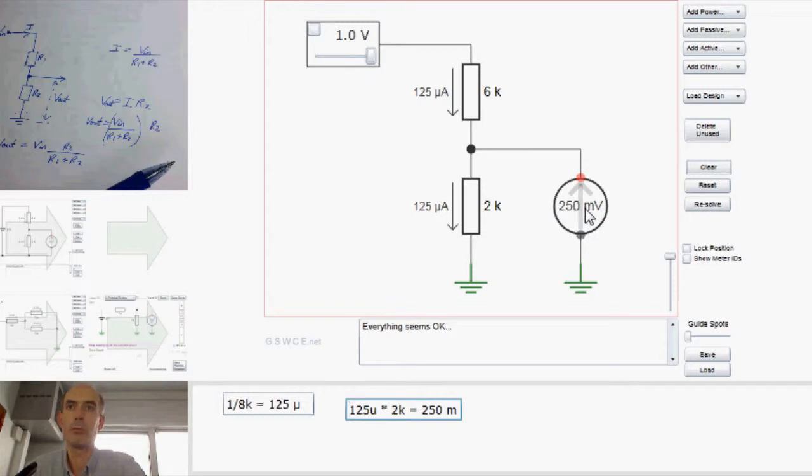And that's the output voltage that we see here. Now supposing we had 10 volts, everything would increase by a factor of 10, would go up to 2.5 volts. It's called a potential divider because whatever the voltage is at the top, the output here, in this case, is always 1/4 of the input voltage here.